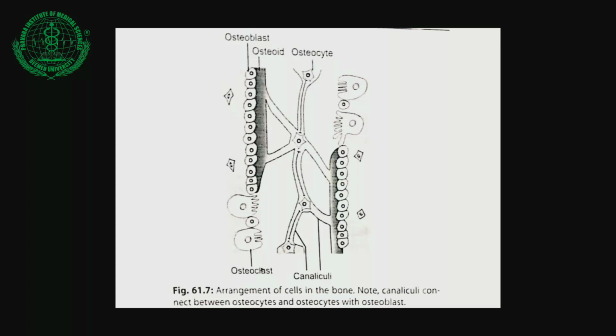The cytoplasmic connections between osteoblasts and osteocytes become canaliculi, and these canaliculi are the anatomical route for transfer of nutrients, chemicals, and waste products between the surface and the interior of the bone.